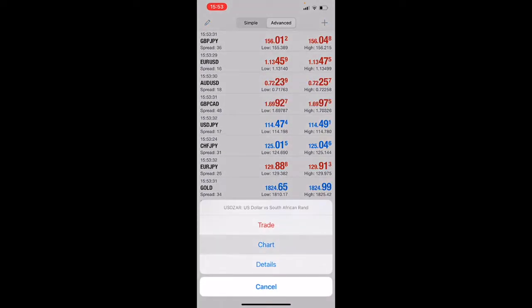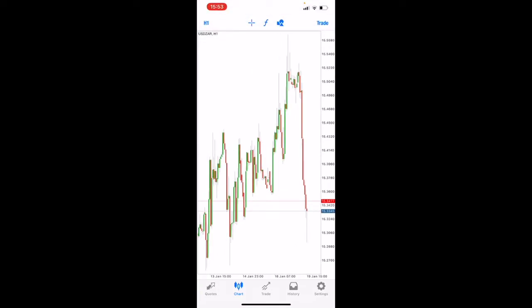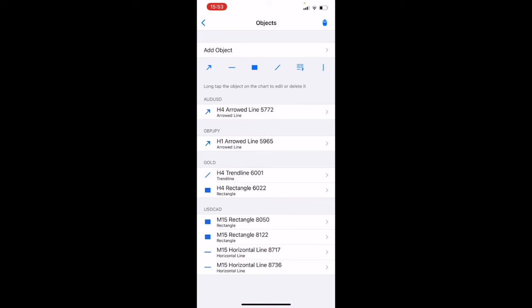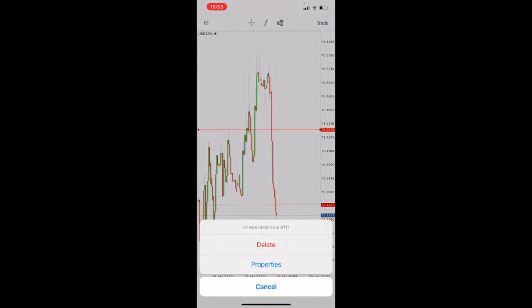So let's say we trade in USD ZAR, for example. So now let's say we see price and we think it's going to increase to, let's say, 15.5593, right? So let's say we want to enter at 15.3600.